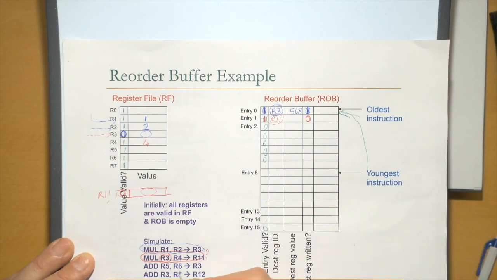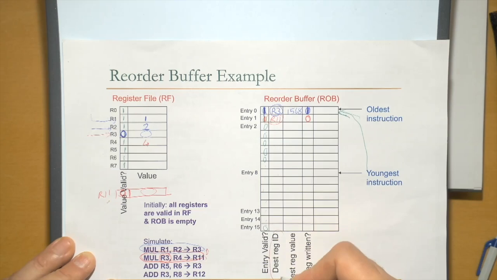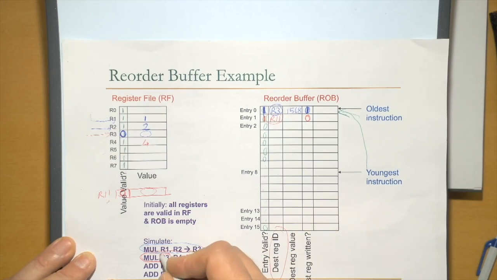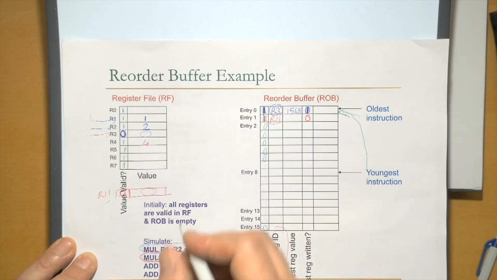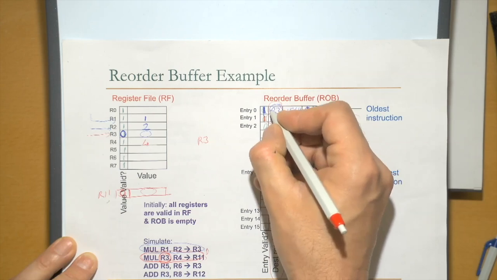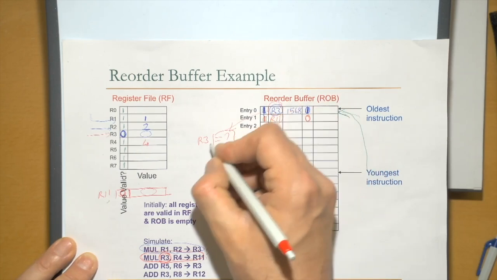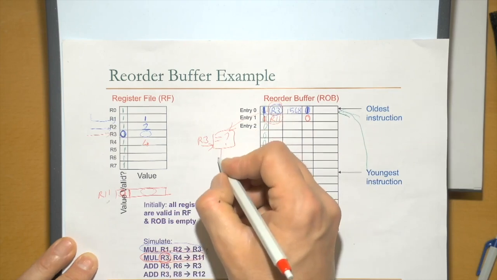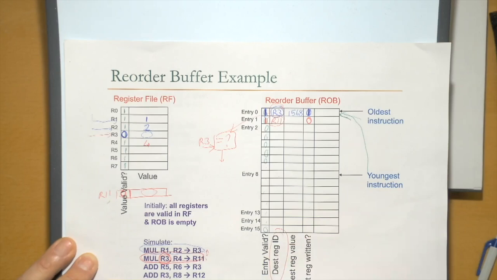So what does that mean? Basically, we need to search the content of the reorder buffer under destination register ID and compare whether that content is equal to R3. So we have this multiply, R3. We need to check whether this value over here is equal to this 3. If it's equal, then this is the R3 we may be looking for.